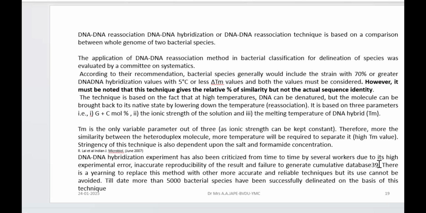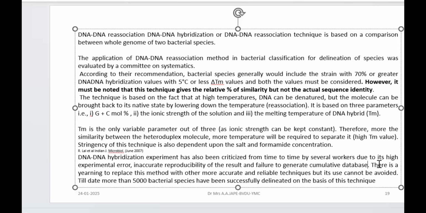So, of course, though we talk about genotypic methods, they are better in terms of efficiency, but no single method can give you 100% accuracy to navigate the positioning of the isolate into a particular taxa or a species or a genus, right?